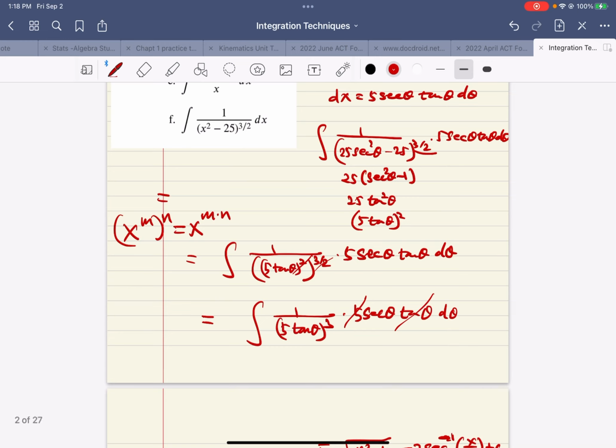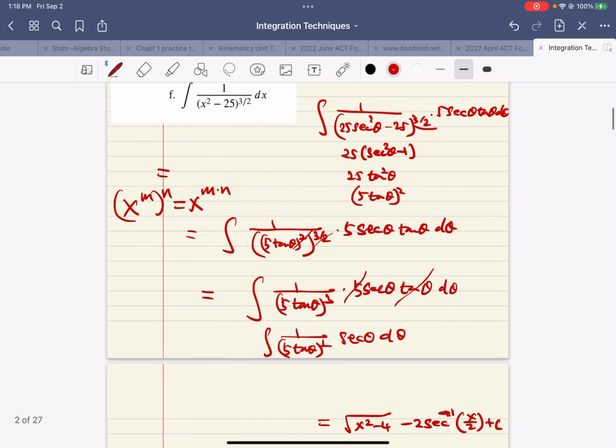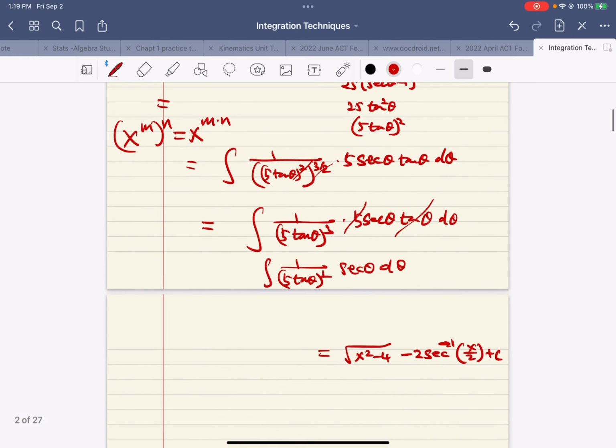So then you have 5 tangent theta squared and then secant theta d theta. Now, so keep going. That's 1 over 25, you can take it out. And this one, 1 over tangent squared theta secant theta d theta.